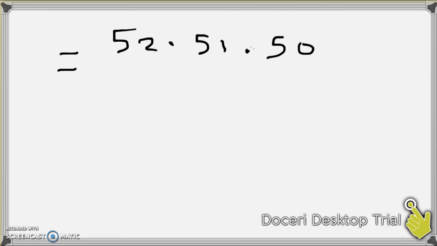Since you have 46 factorial on the bottom, we could go from 52 times 51 times 50 times 49 times 48.